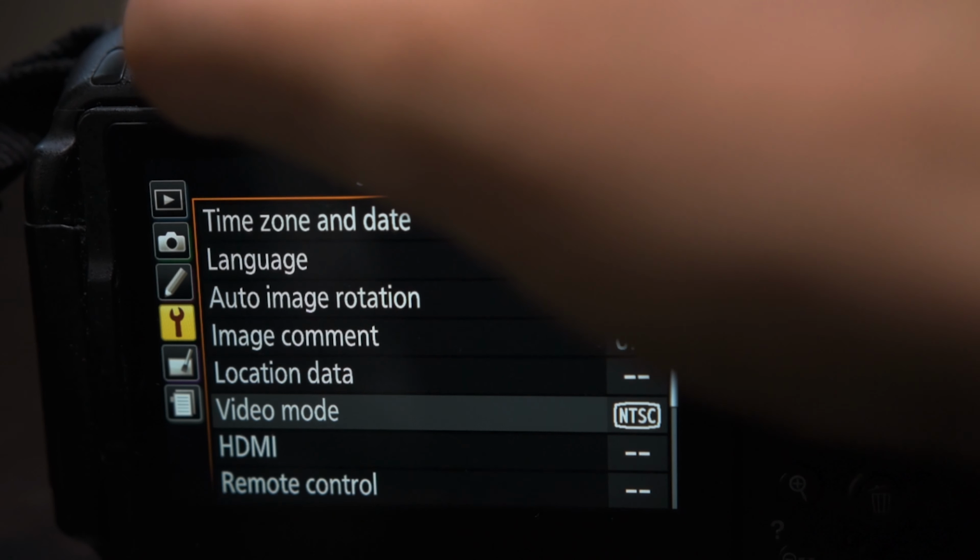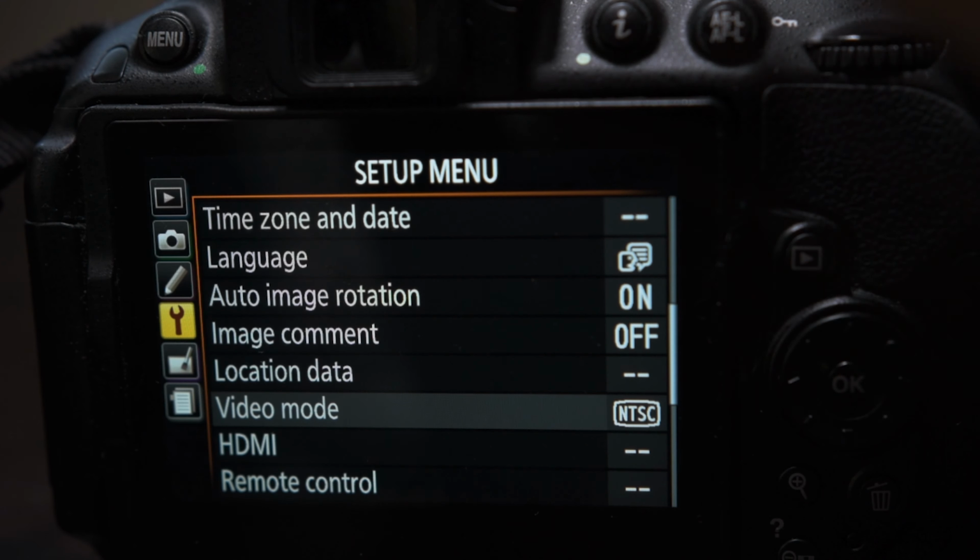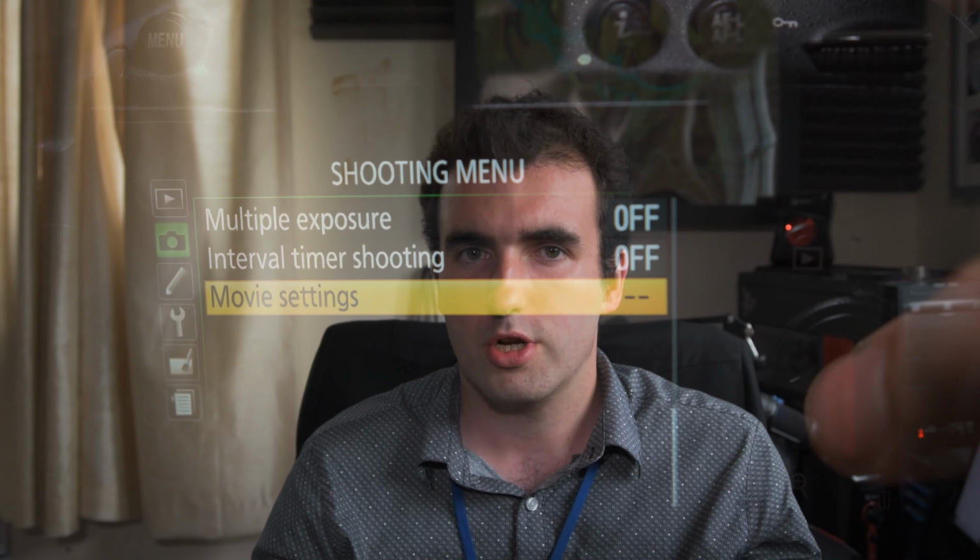But I don't see why you don't just add it into one menu like it does in the 600, because you know what frame rate you want to be shooting on if you were ever shooting for telly on an entry-level mirrorless, which I don't really understand, because I don't see a reason why you would shoot on an entry-level mirrorless if you're shooting for television, to be honest.